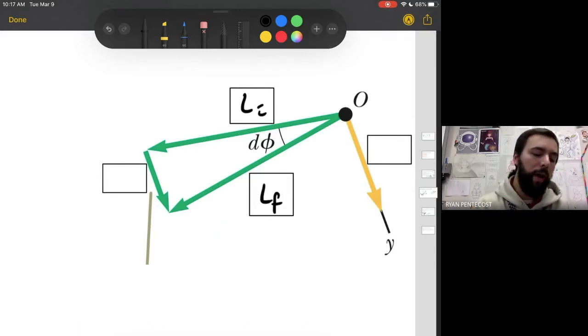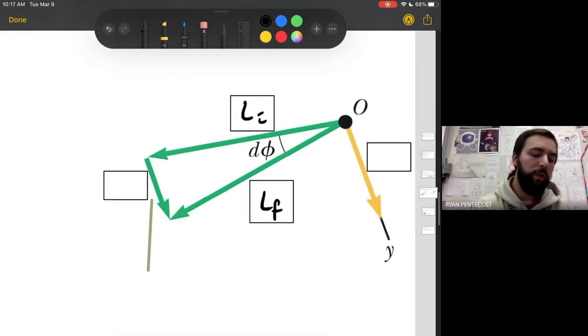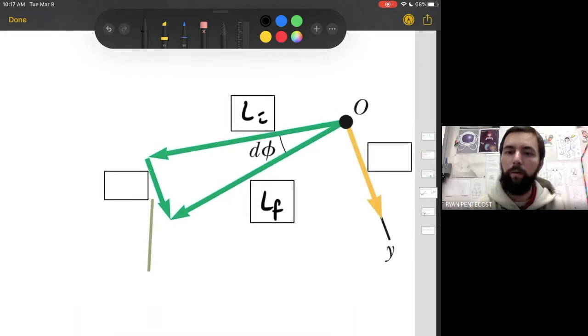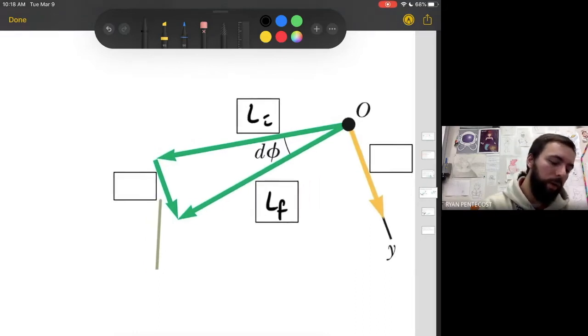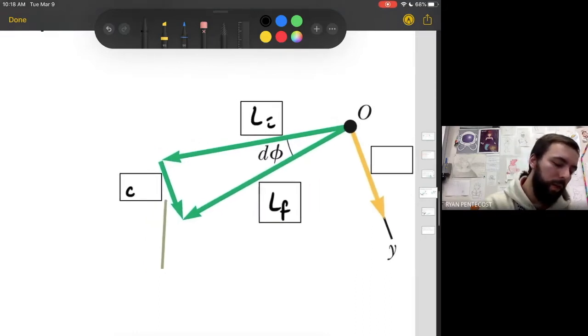But here it actually is trying to show us that there is a change in angle, right? There is a d, they show d phi. I'm gonna keep it consistent, d phi, right? So that d phi is actually going to show that there is a change in angle as your angular momentum changes, okay?